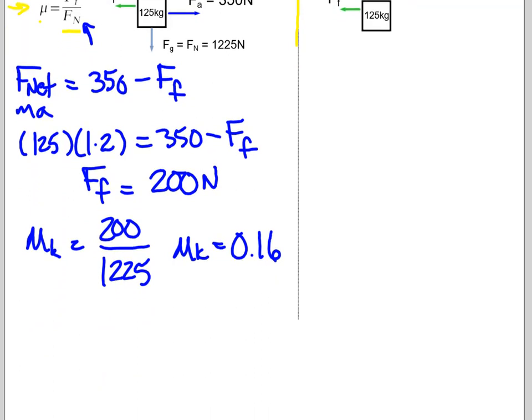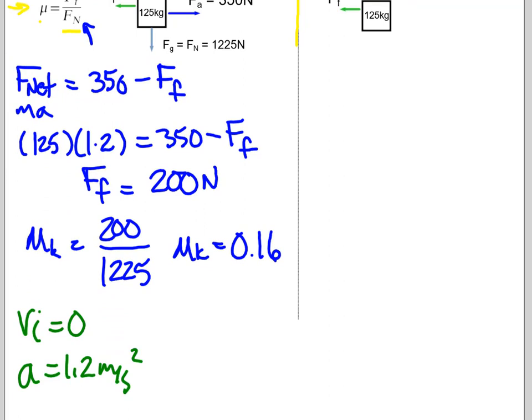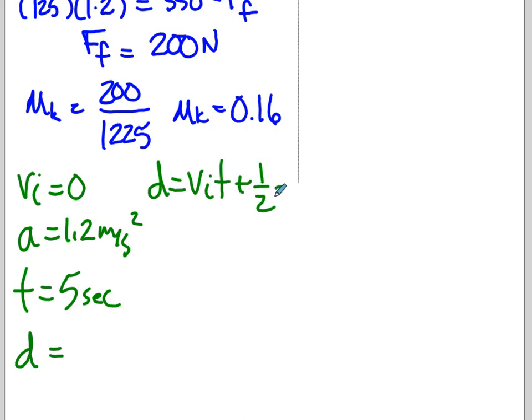So let's get another color here to start with. We're going to say VI equals 0, acceleration equals 1.2 meters per second squared. The time value was 5 seconds. And now we're trying to find D. So D equals VIT plus 1/2 AT squared.